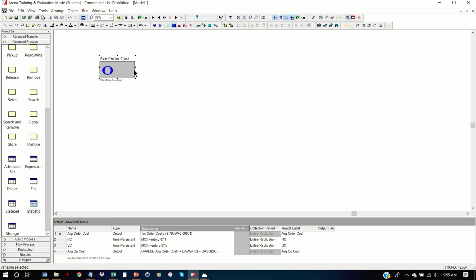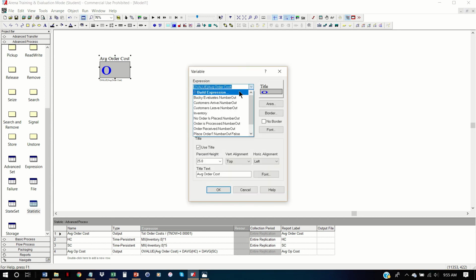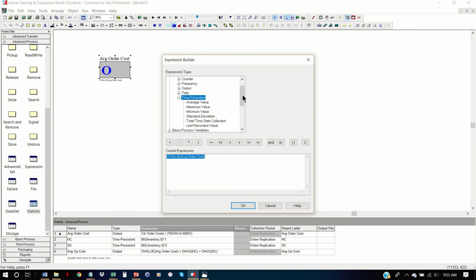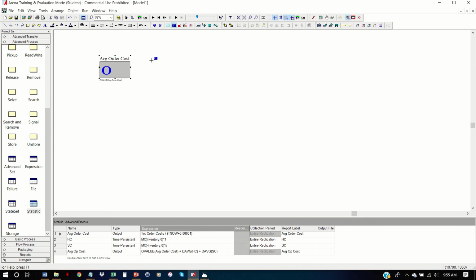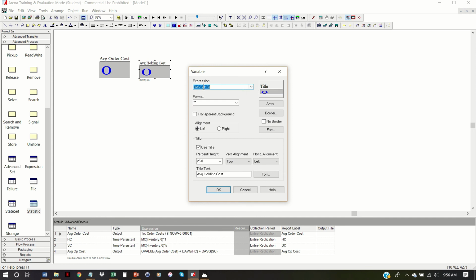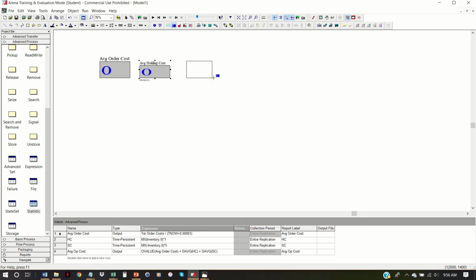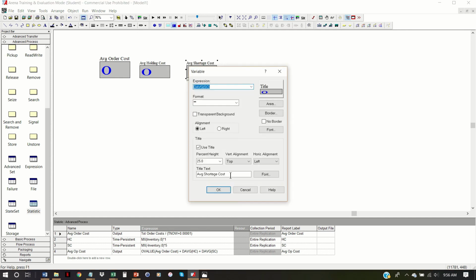We also want to look at the average holding cost, we want to look at the average shortage cost, and the average total cost, total operating cost.